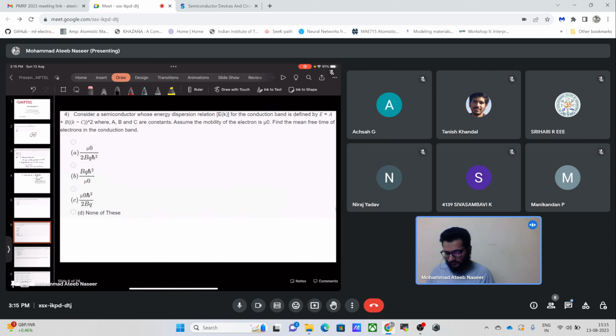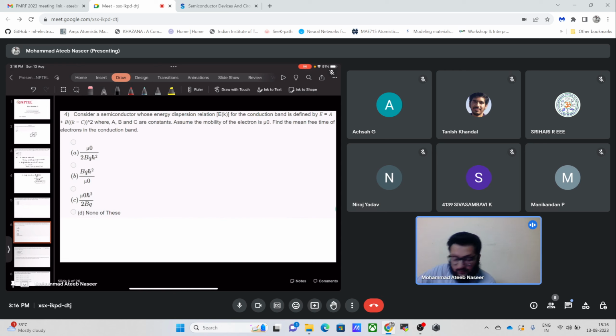Now let's move to another problem, which says that this E-K relation that you all must have gone through by now in the lectures, how the Kronig-Penney model helps us to get a brief idea about these things, how this band gap evolves, and how we can manipulate these things to get information regarding a particular material.